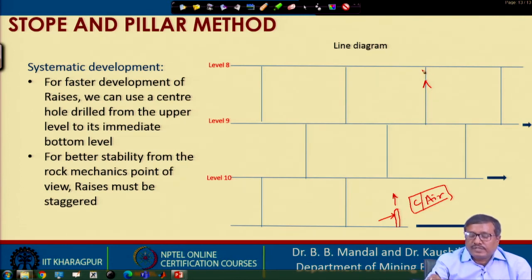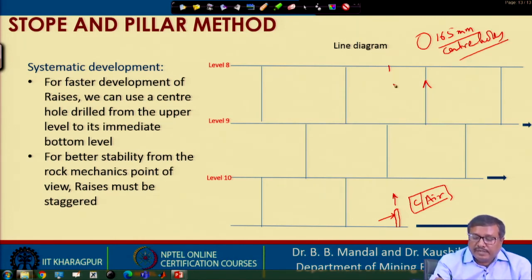But before starting a raise, we can make a center hole, which is a large diameter, maybe say 165 millimeter. Instead of going from the lower level, we can make one from the upper level to the lower level.